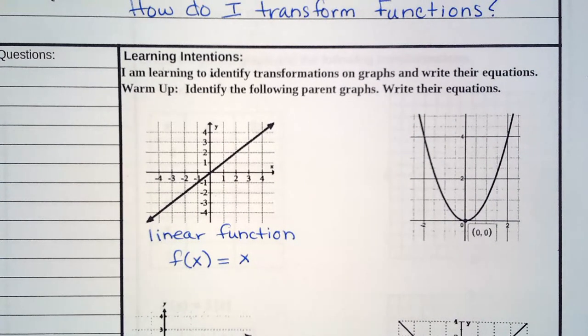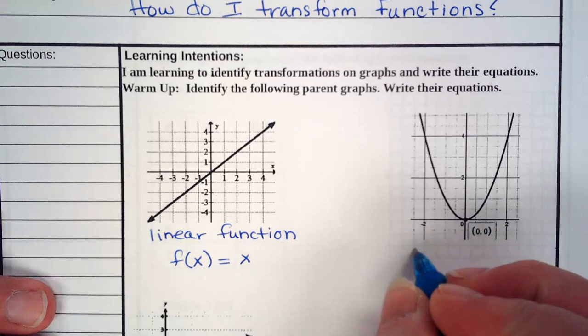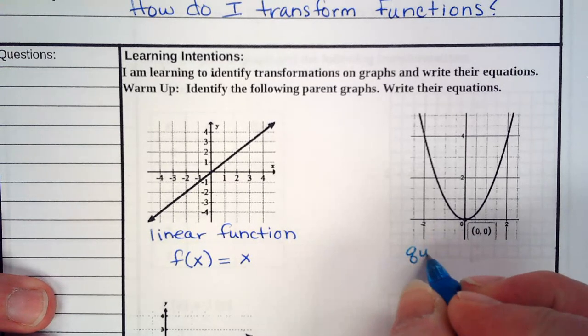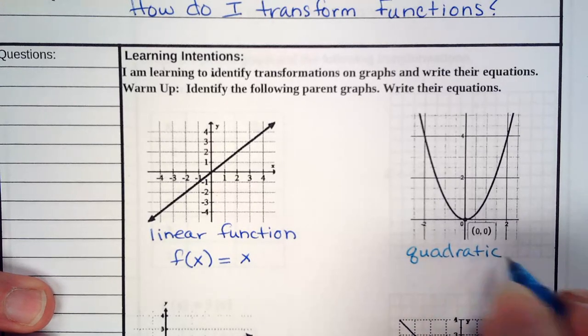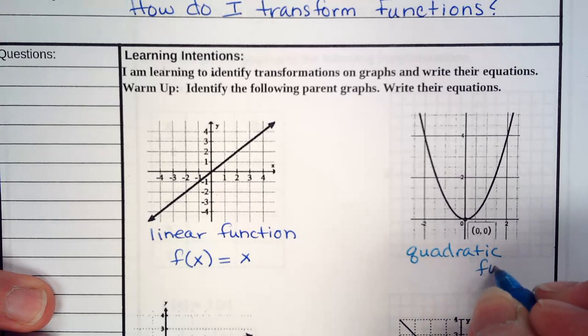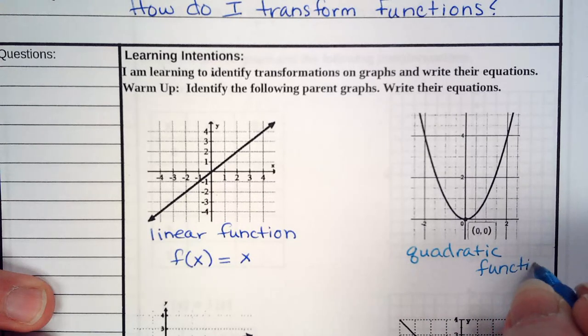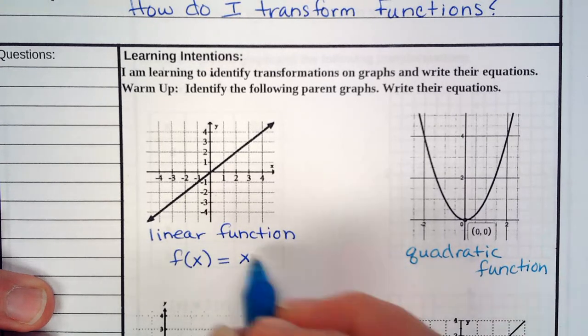For the next one, it's the graph of a what? It's a graph of a quadratic. This is a quadratic function. Okay, are these two functions the same?